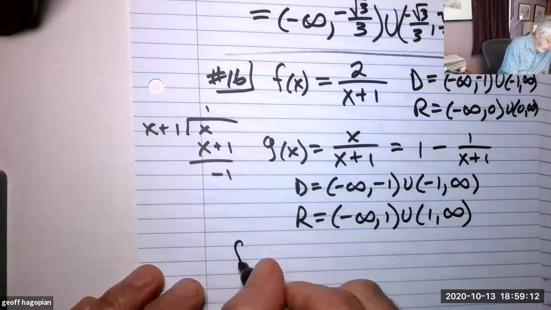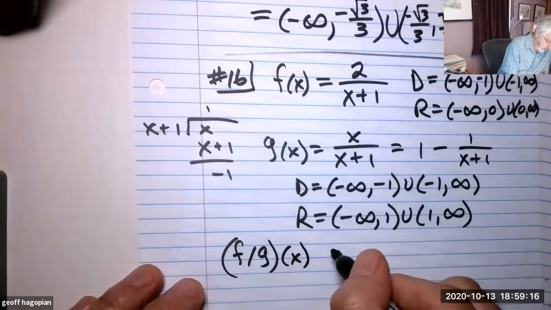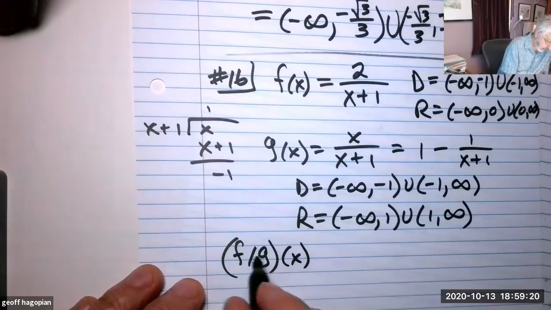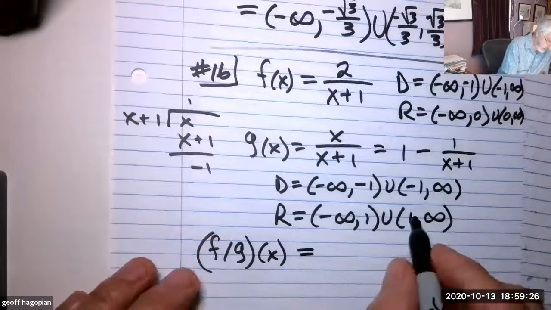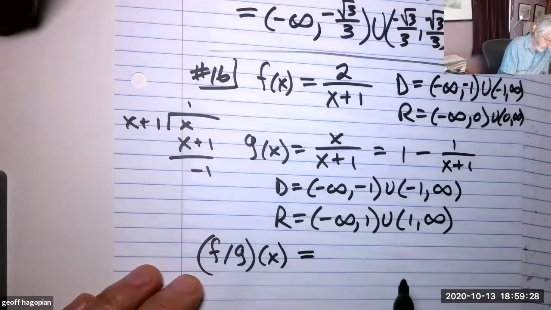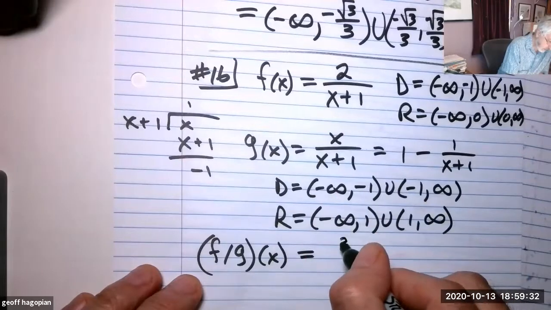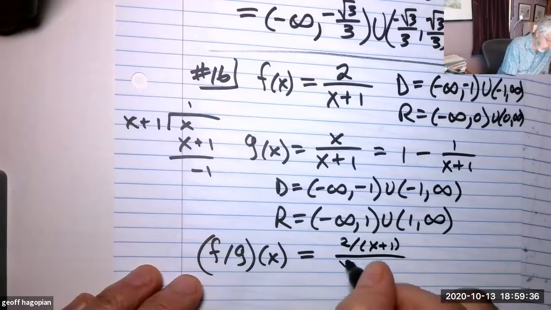Well, for f divided by g, we need x to be in the domain of f and g. Well, first of all, shall we write out what that is? f is 2 divided by x plus 1. G is x divided by x plus 1.